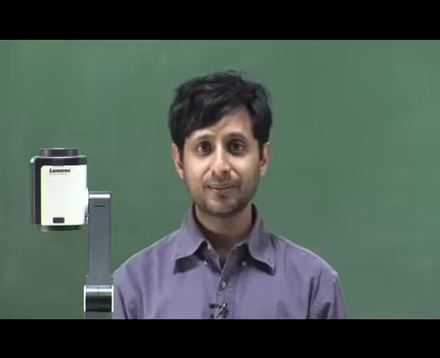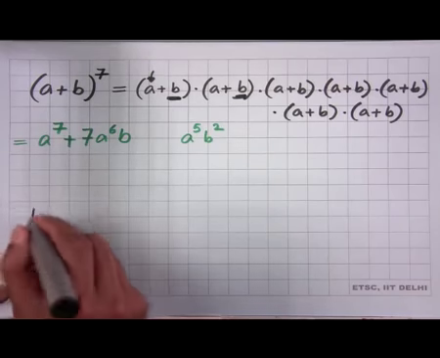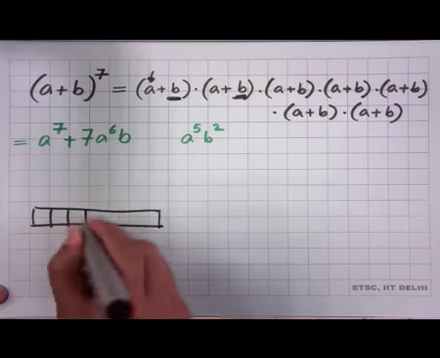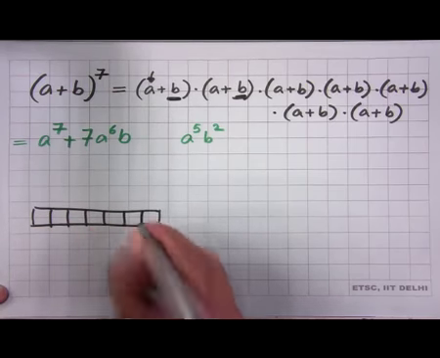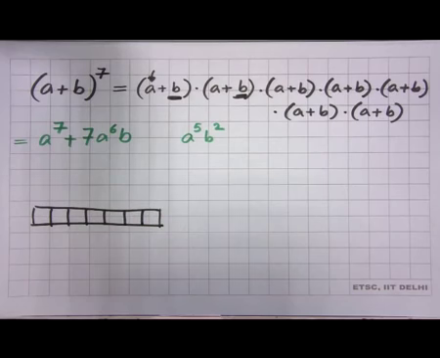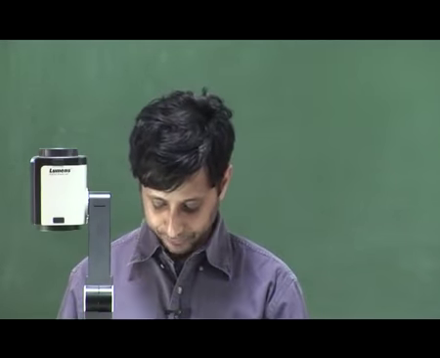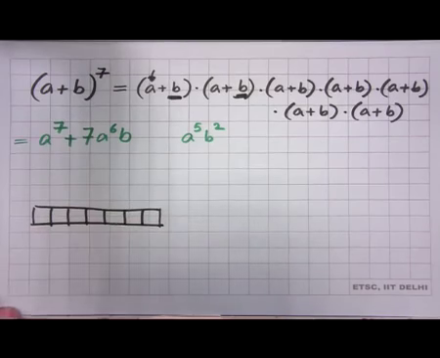What do you get? What is that process called? You have got 7 elements and you are being asked to pick any 2, and how many different ways can you do such a thing? How many different ways can you pick these 2 out of 7 elements?